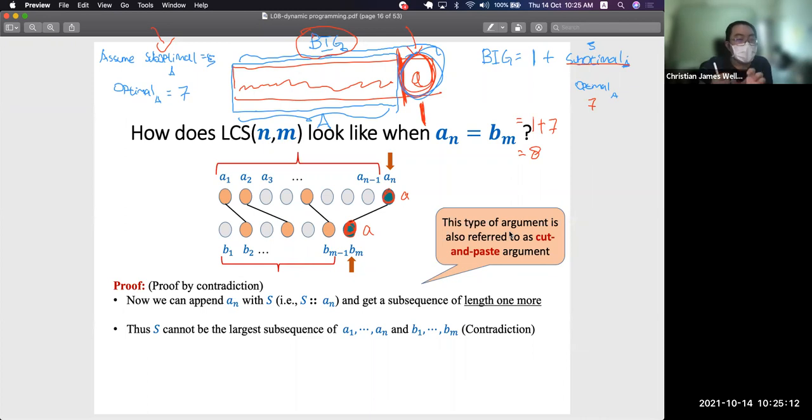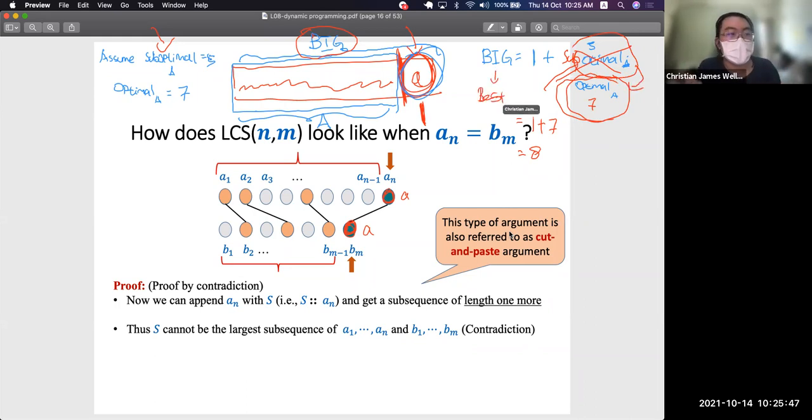Well, what I can do is take out this suboptimal answer and replace it with the optimal answer to A. By replacing it with the optimal answer to A, we get an even better answer. We had claimed that using some suboptimal answer, big is already the best answer you can get.